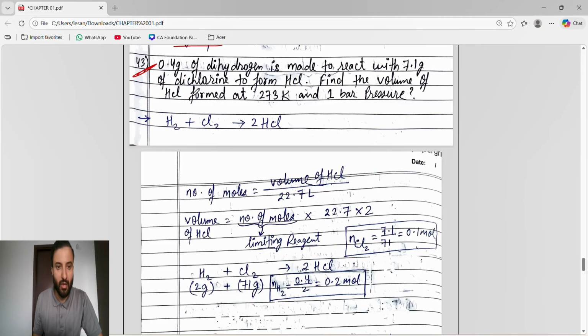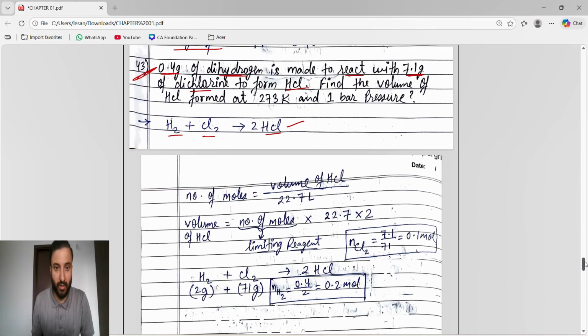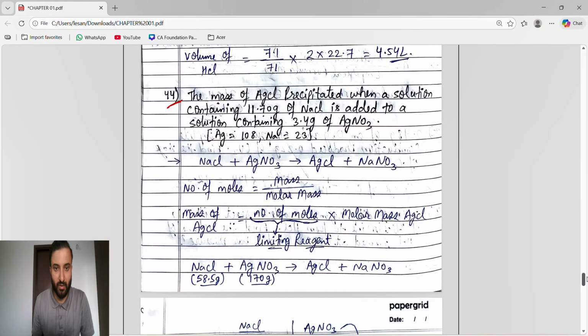See, 0.4 gram of dihydrogen, meaning H2, is made to react with 7.1 gram of dichlorine, meaning Cl2, to form HCl. When you do balancing, you will get 2HCl. Okay, done.